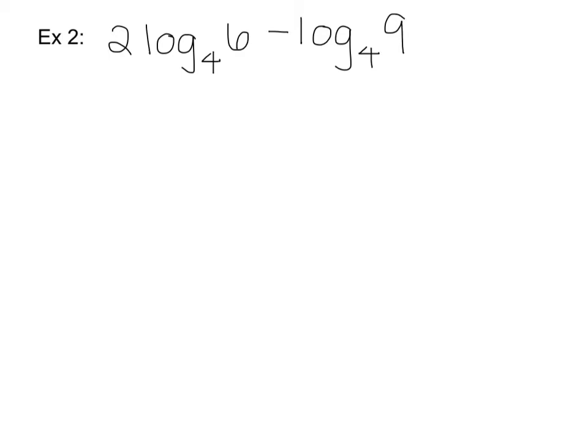In our second example, we have 2 times the log base 4 of 6 minus the log base 4 of 9. Since this is a minus, we're going to have to use our quotient property. So let's first start by taking the 2 and bringing it back up as the exponent because that's our power property. So we have the log base 4 of 6 to the 2nd power minus the log base 4 of 9.